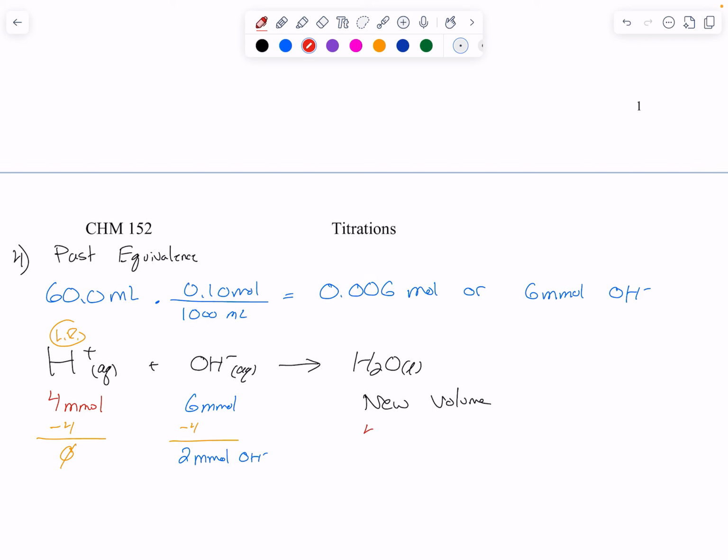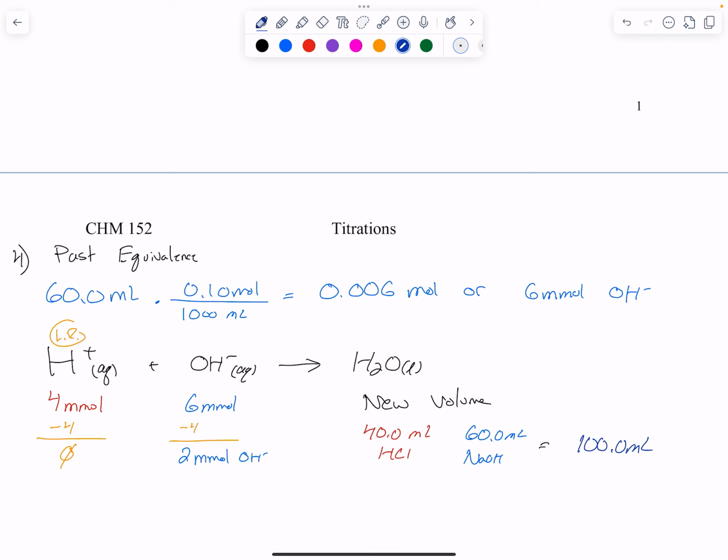We started again with our 40.0 milliliters of HCl, and we got 60 milliliters of NaOH. So that means our new volume is 100 milliliters.